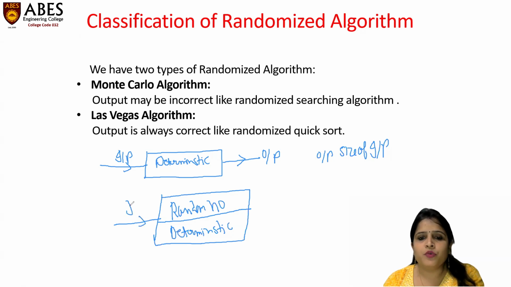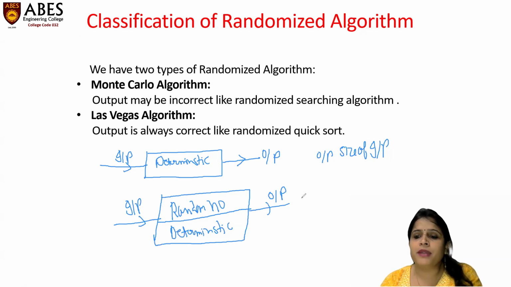Then for a certain input, it will produce output. In case of a randomized algorithm, we apply the deterministic algorithm with the use of a random number and then produce our output. So in that case, our output will depend on the random number and the size of input both. So this is the concept of a randomized algorithm.